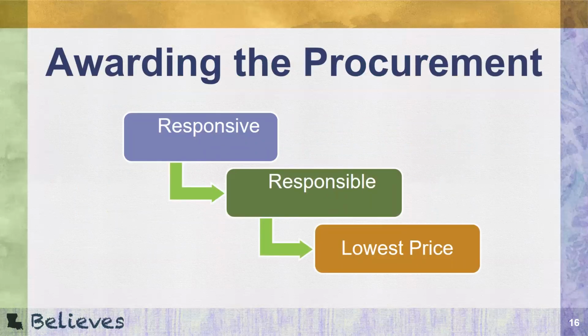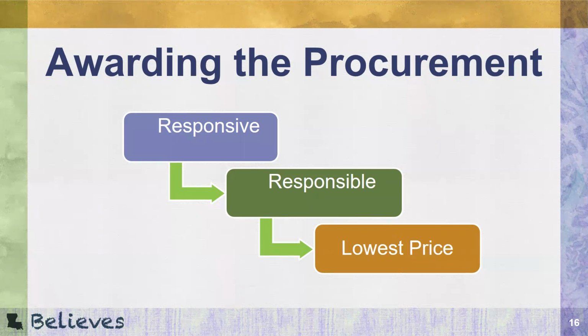So when we award the small purchase procurement, we're going to award to the responsive and responsible bidder that is lowest in price. Responsive means that the vendor submits a bid that conforms to all specifications in terms of the solicitation.